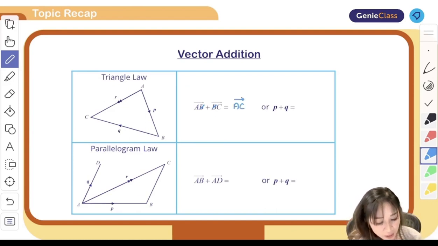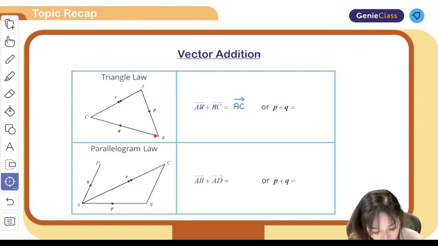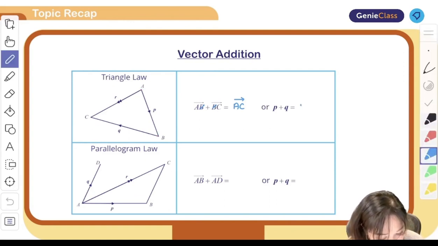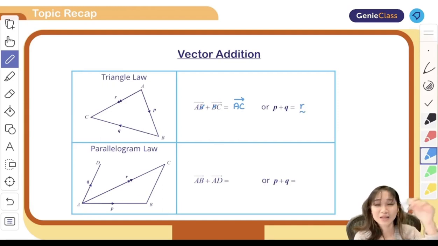And we can also represent vectors as a small letter P or bolded Q, bolded is usually for the question, like I always say. If we want to write it out, then we write it with a squiggly worm on the bottom, right? So P plus Q gives us resultant vector R, and we write R with the squiggly worm.